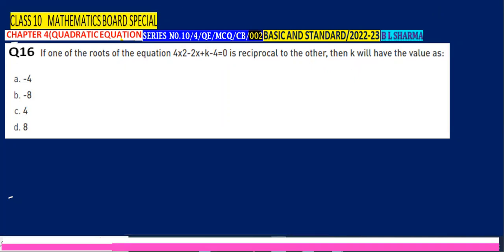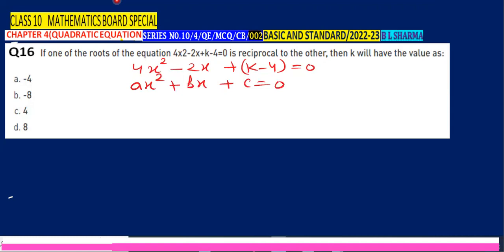We can write like this: 4x square minus 2x plus k minus 4 is equal to 0. So this can be written in the form ax square plus bx plus c is equal to 0. It is given that their roots are reciprocal.